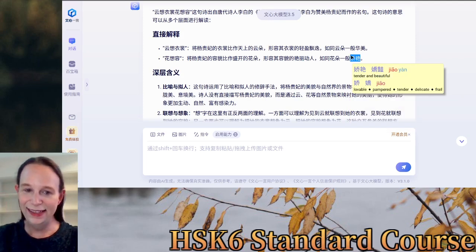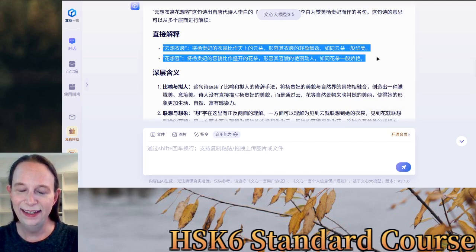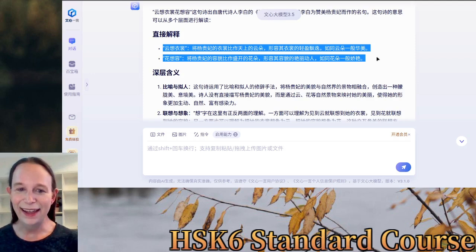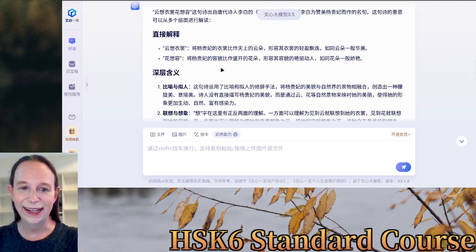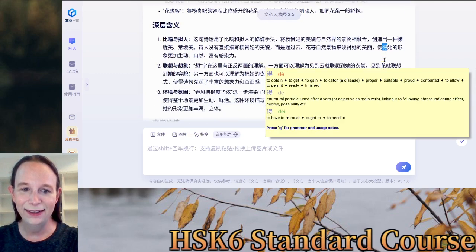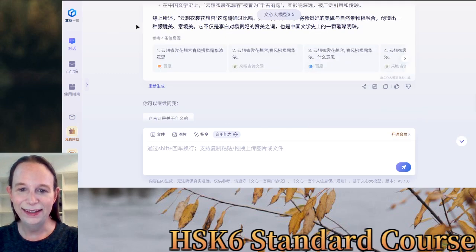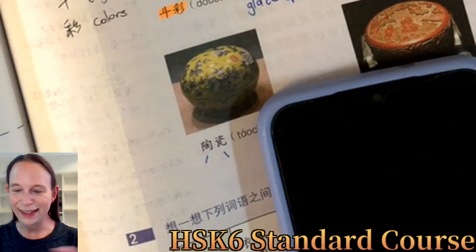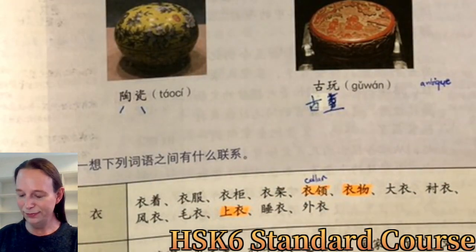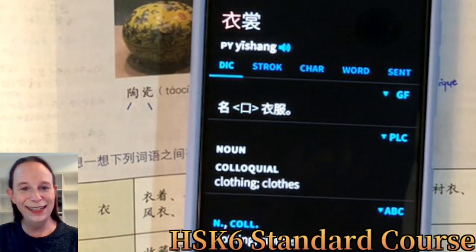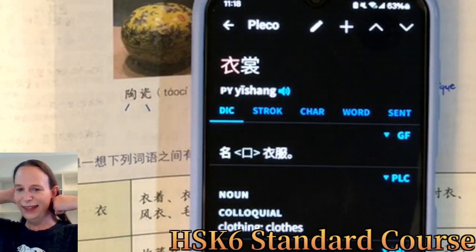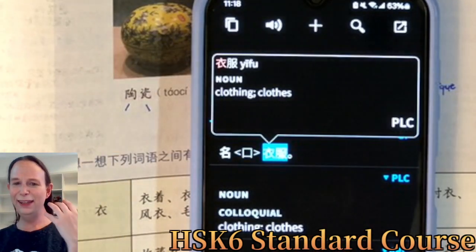All right, so it's literally a poetic way of saying Yang Guifei is graceful like a cloud and beautiful like a flower. And there's multiple other facets that I don't want to get into right now. Too complicated. 衣裳, yeah, so that's where I see 衣裳. It's relatively rare. Normally you just say 衣服.